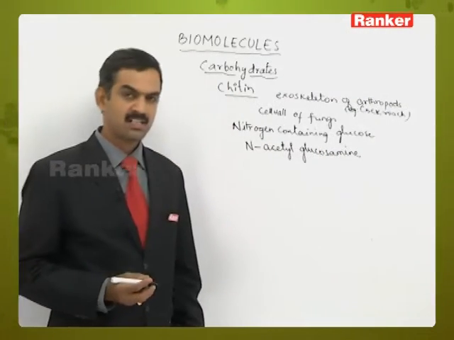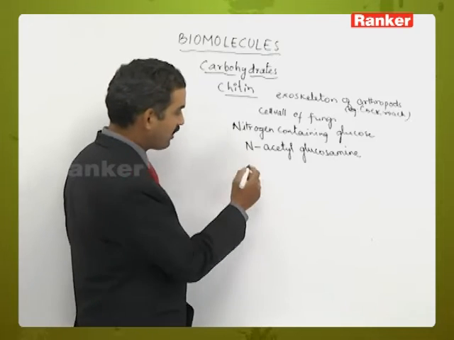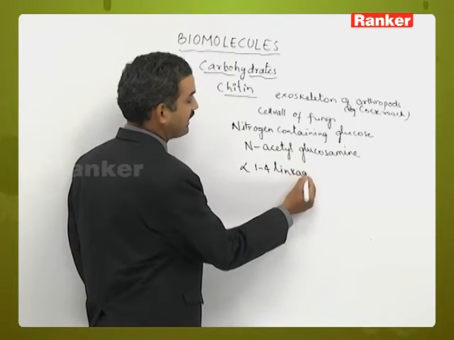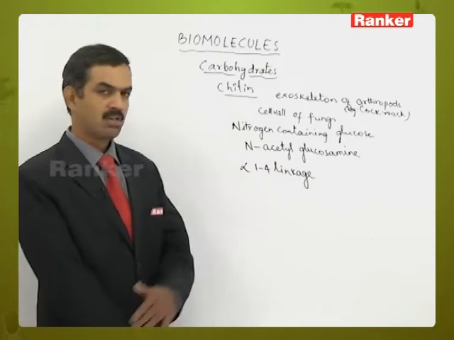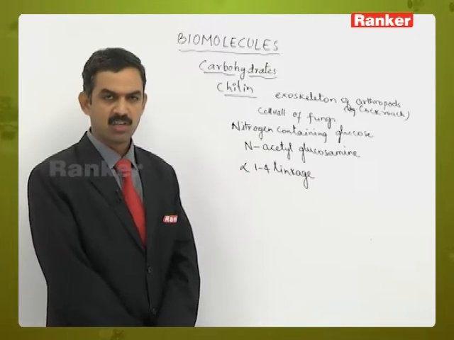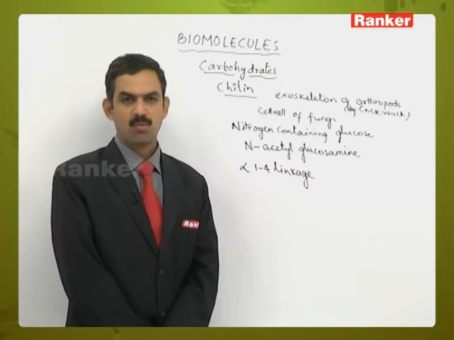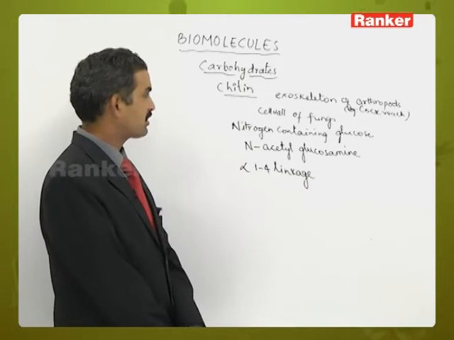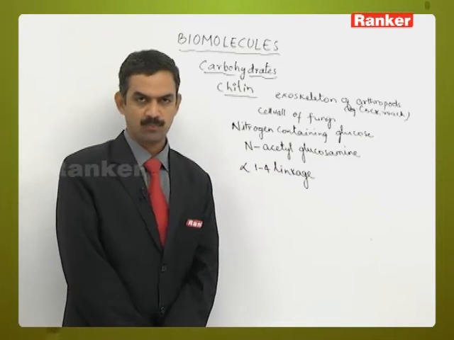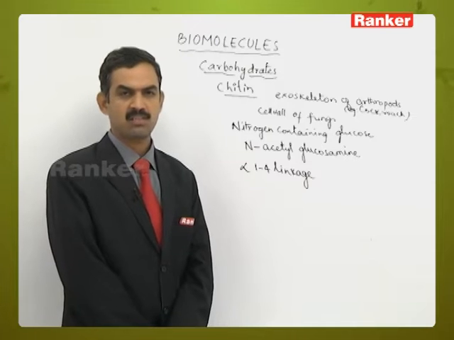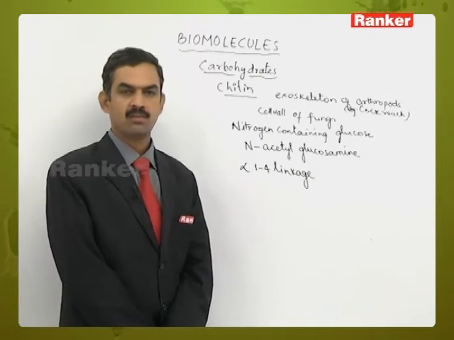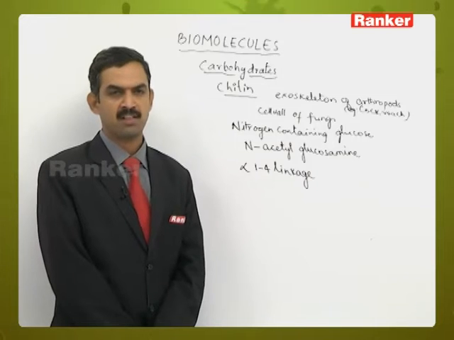Repeated units of N-acetyl glucosamine, and these show alpha 1,4 linkages, the same type of linkage where the first carbon of the earlier monosaccharide molecule is bound to the fourth carbon of the adjacent monosaccharide molecule. So this type of structure is observed in chitin, which is present in the exoskeleton of cockroach and the cell wall of almost all fungi.